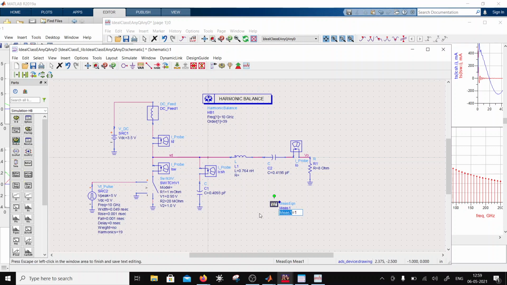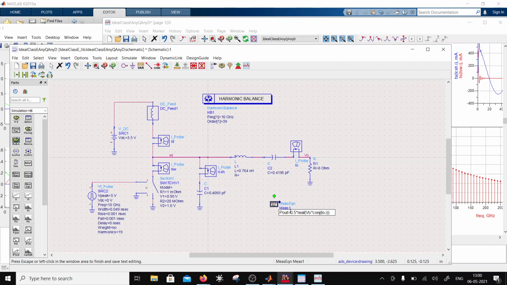So I can say P out is equal to 0.5 times real of V out, this is capital V out, times the conjugate of I out dot I, correct?